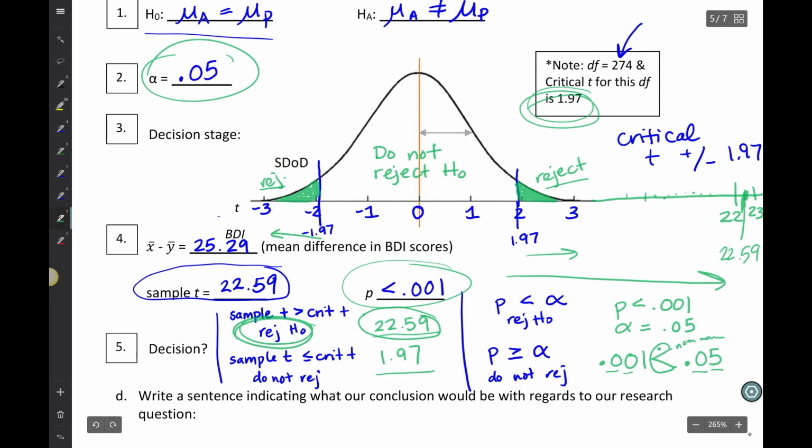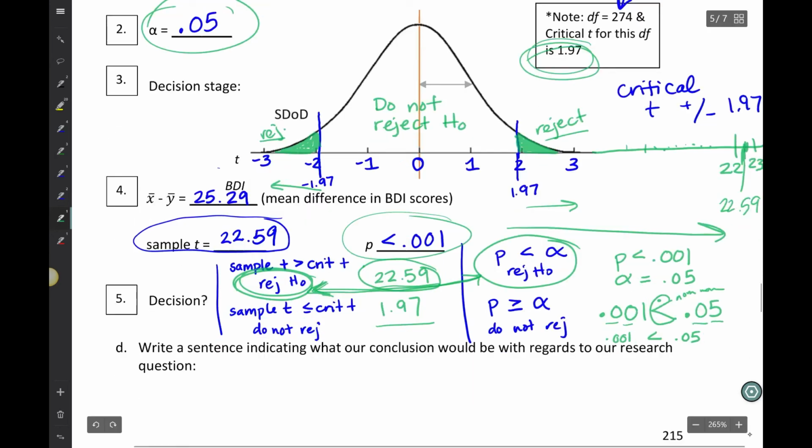Okay. So we get that our p-value is less than our alpha level, which in this case means reject the null hypothesis, because 0.001 is definitely less than 0.05. So these two decisions should always come out the same. Regardless of which method you use, you should always come out with the same decision. Reject, reject, or do not reject, do not reject.